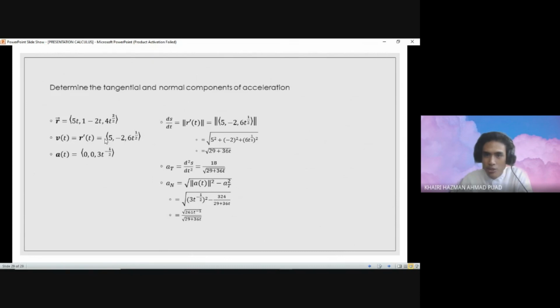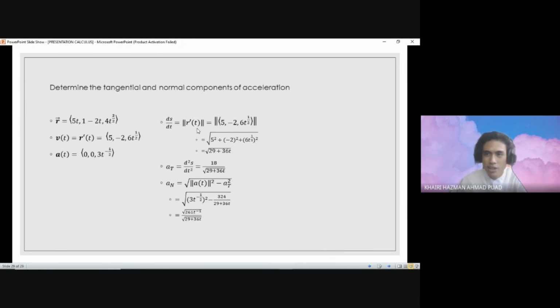And then we define the acceleration vector as shown, where a represents acceleration, which is the second derivative of the r vector, which is 0, 0, 3t to the power of negative 1 over 2.